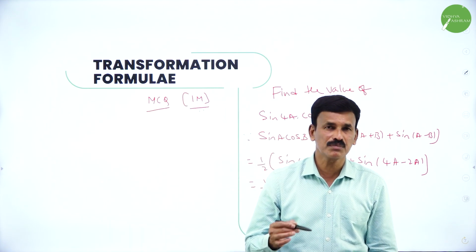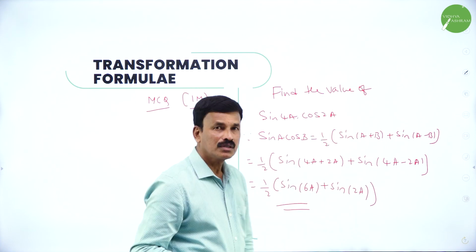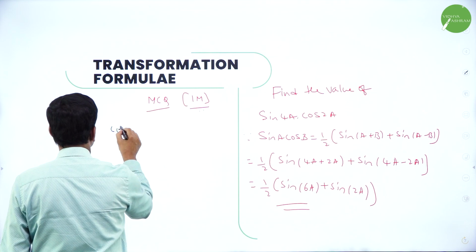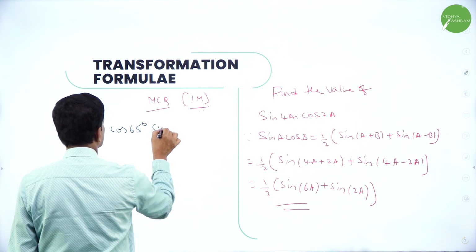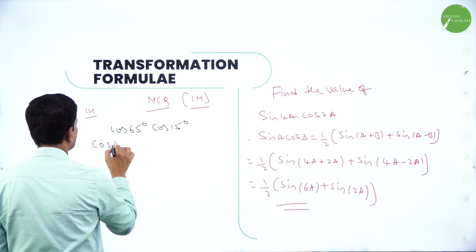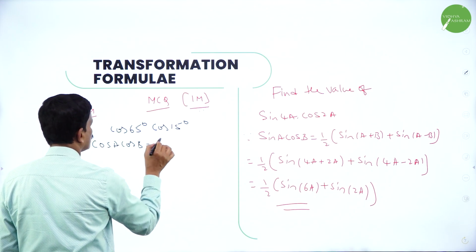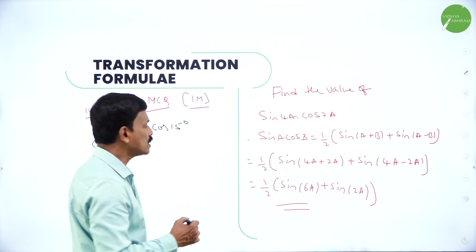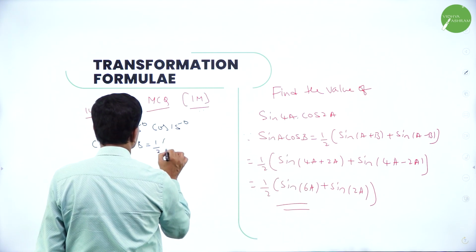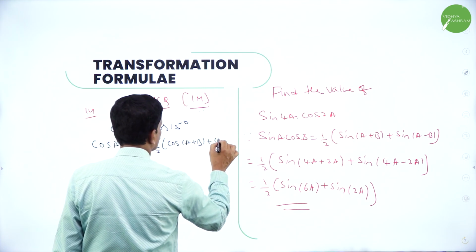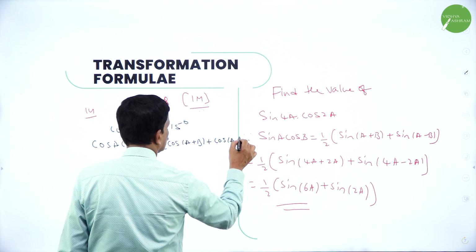This is a very important type of problem for 1 or 2 marks. Now suppose it is like this. Similarly, cos 65 degrees into cos 15 degrees. So this is of the form cos a cos b. What is the formula for cos a cos b? Half of cos a plus b plus cos a minus b.